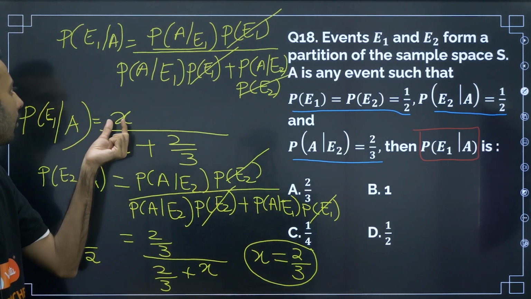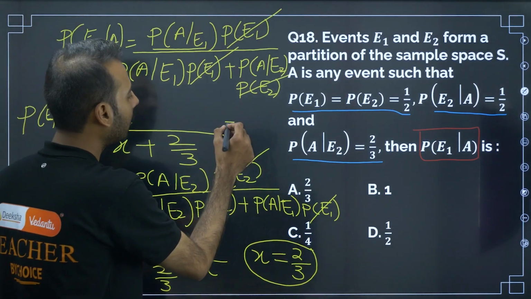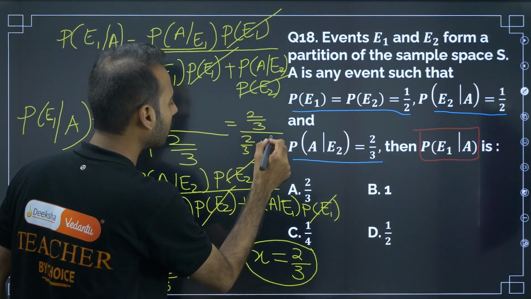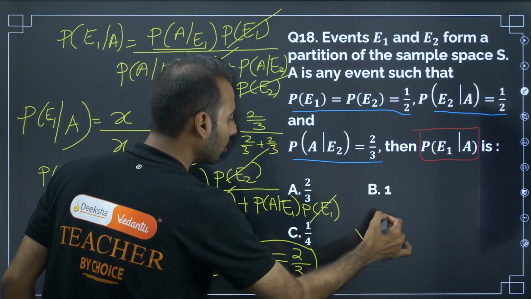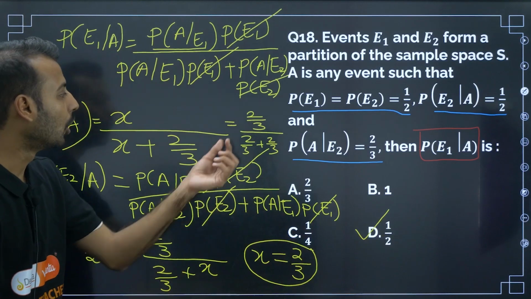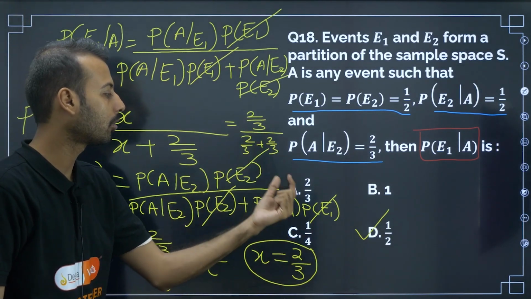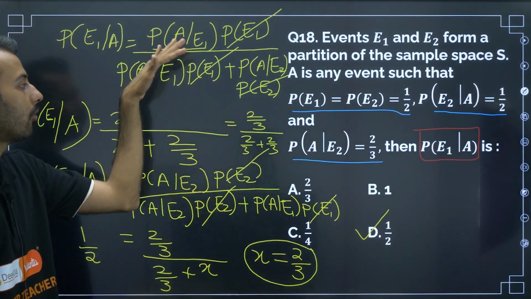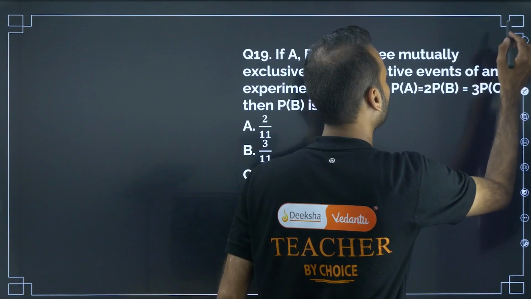So 2 by 3 divided by 2 by 3 plus 2 by 3, this is equal to 1 by 2. Why is it equal to 1 by 2? One quantity divided by quantity plus quantity. Here one quantity, here two quantities. So answer is D. So only simplification, only one formula, Bayes theorem formula and simplification. That's it. Moving on to next question.